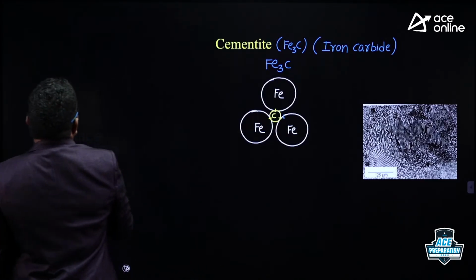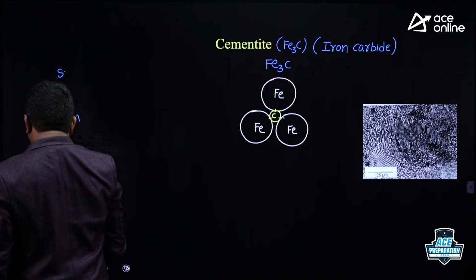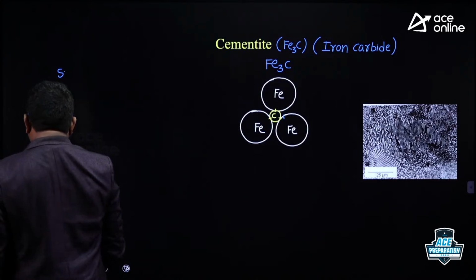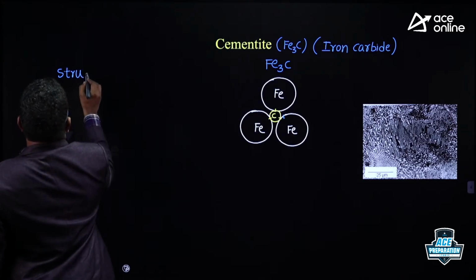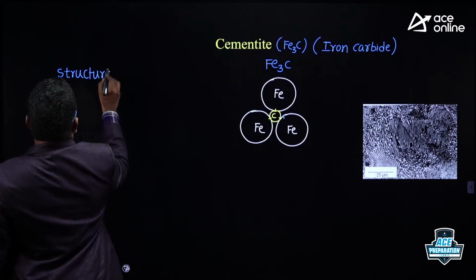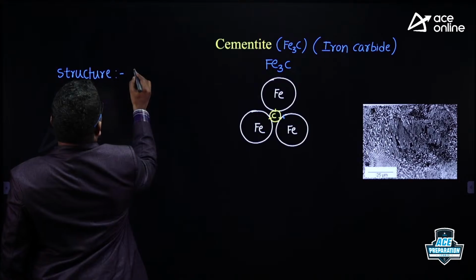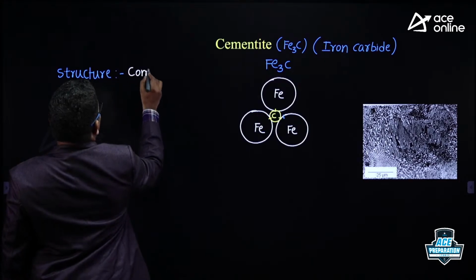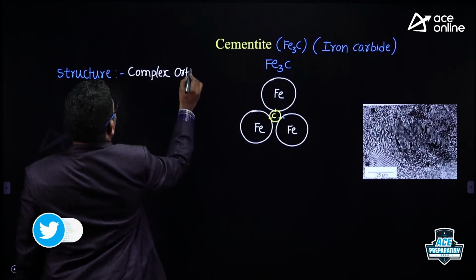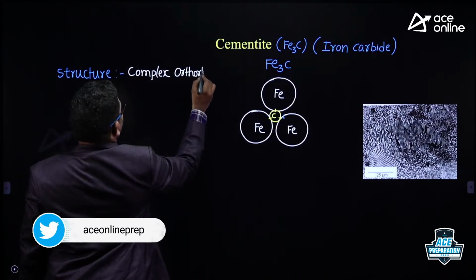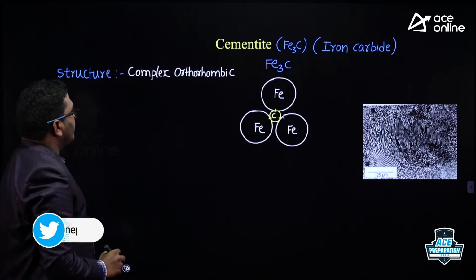And the crystal structure of cementite, remember the structure of cementite is complex orthorhombic structure. The name you should remember, complex orthorhombic structure.